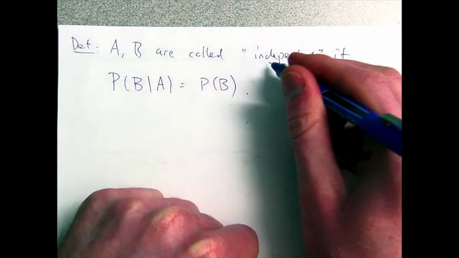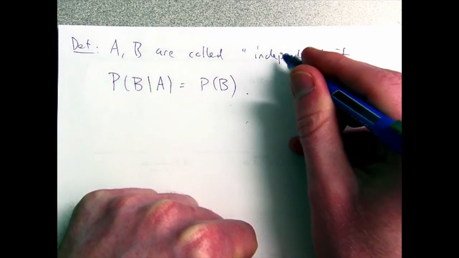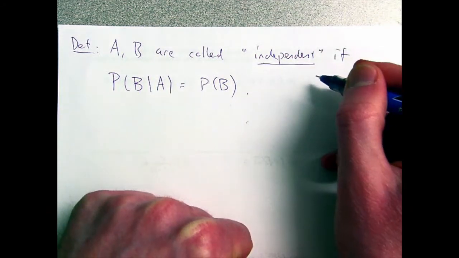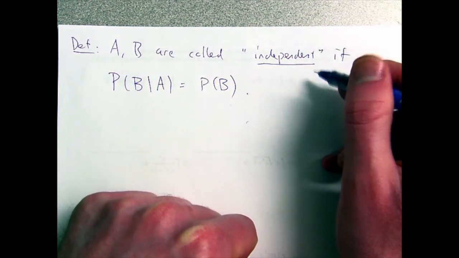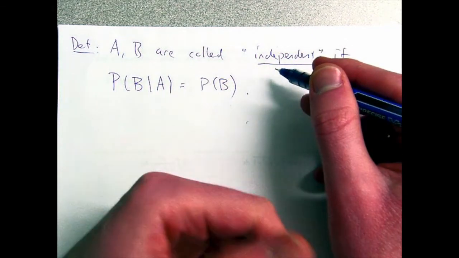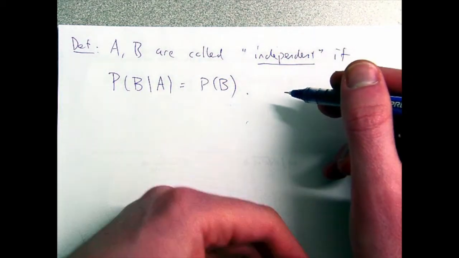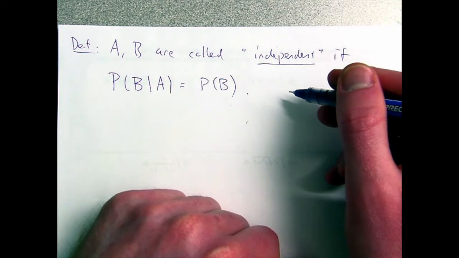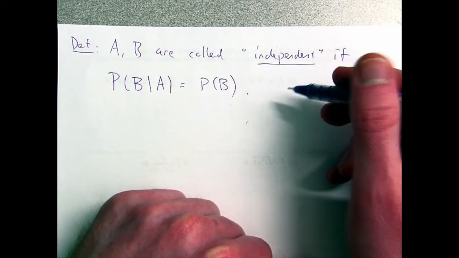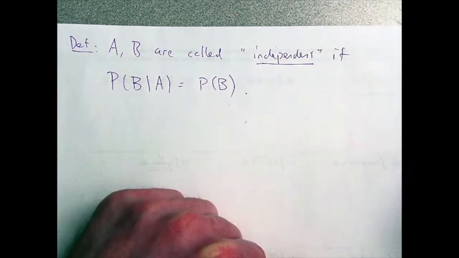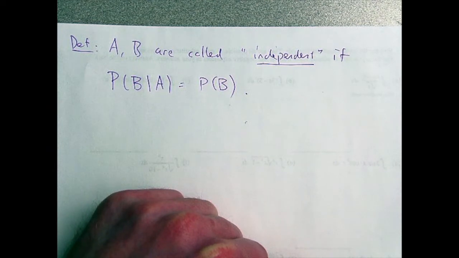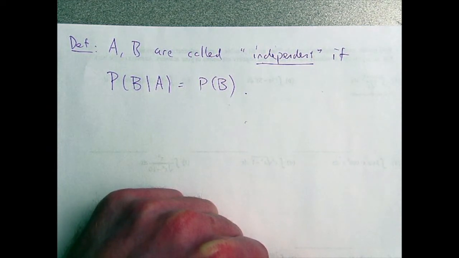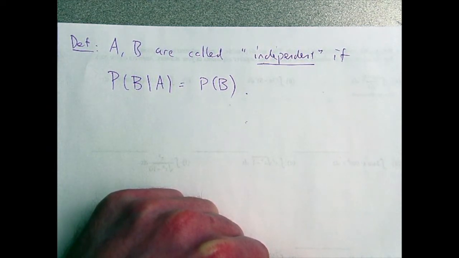We obviously have some sense, some idea of what independent means in our everyday lives. Independence means no relationship. It means that one thing is free to move independently of the other. So if A and B are independent, then these events have no influence on one another.